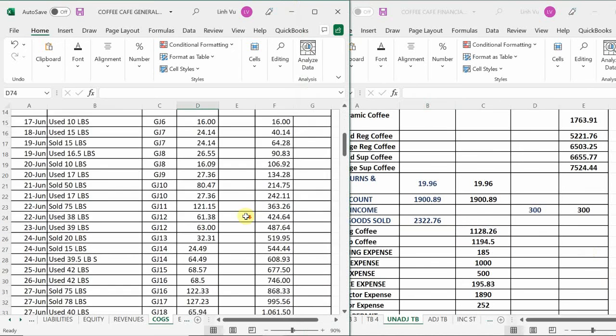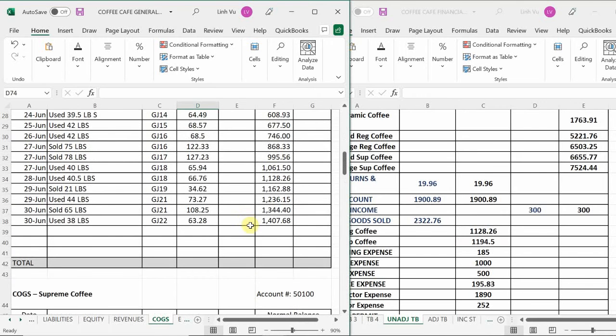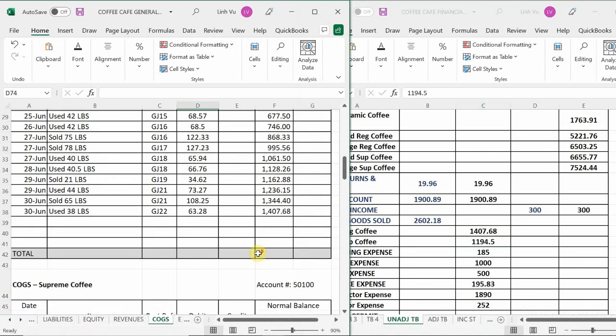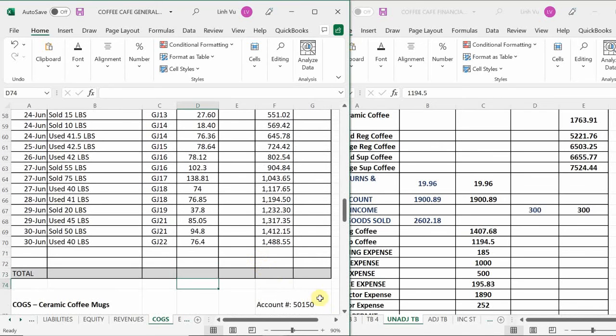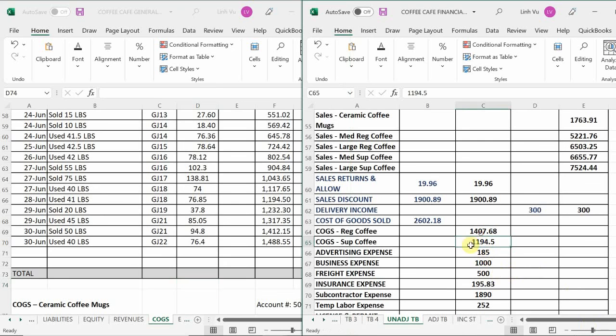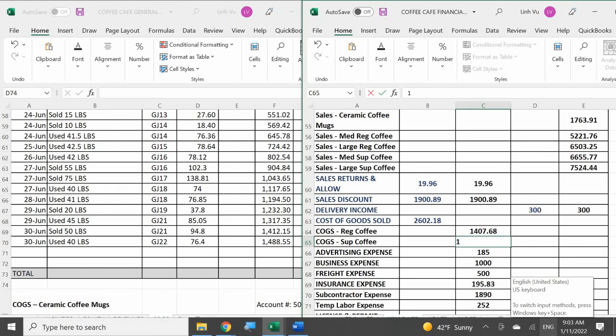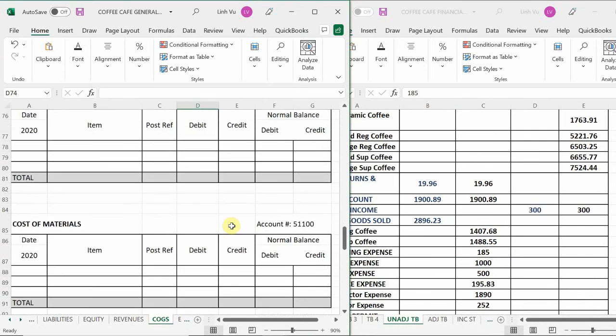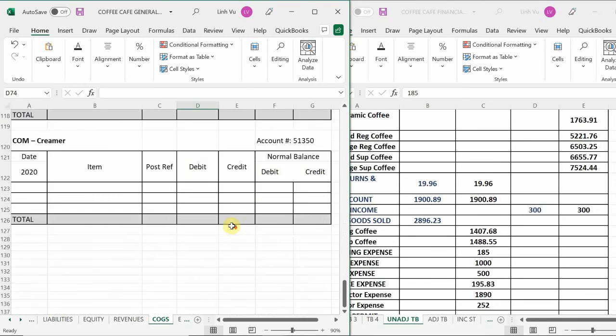So let me see, my regular cost of goods sold is $1407.68. And then my cost of goods sold for the supreme coffee is currently $1488.55. Okay. So that's all the cost of goods sold because we haven't done ceramic coffee mugs and we haven't talked about the cost of material yet. Okay.